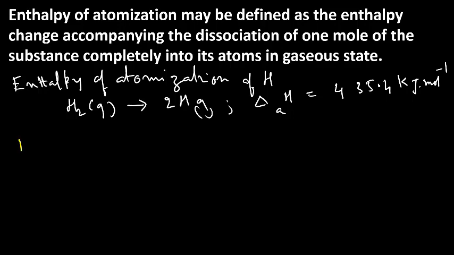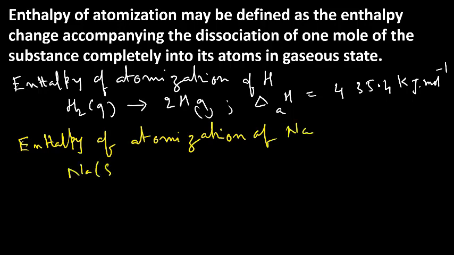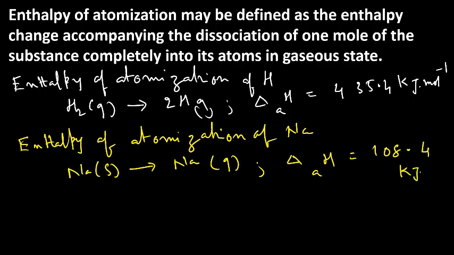And the enthalpy of atomization of sodium: sodium in solid state becomes sodium in gaseous state. That means solid sodium atoms are separated from each other. Therefore, the enthalpy of atomization of sodium is 108.4 kilojoule per mole.